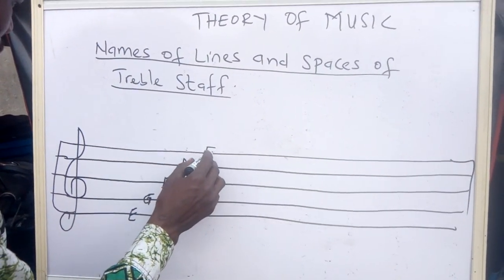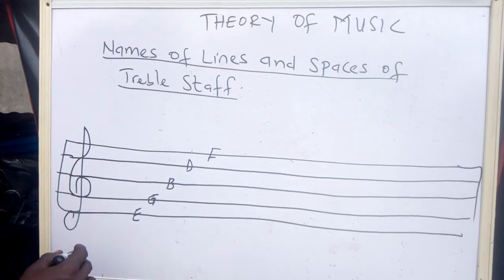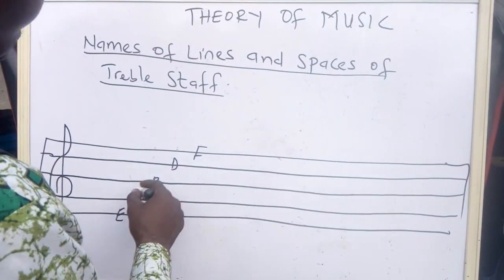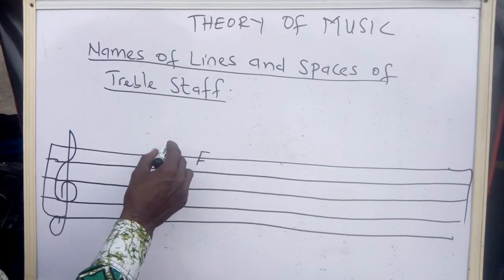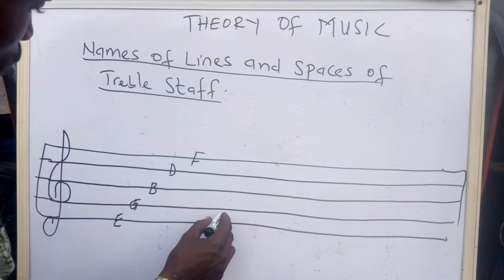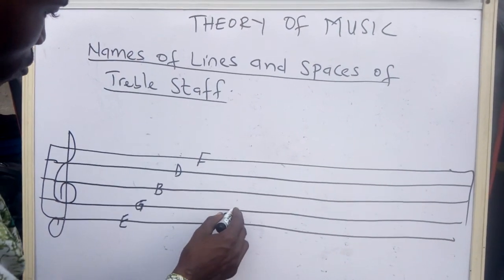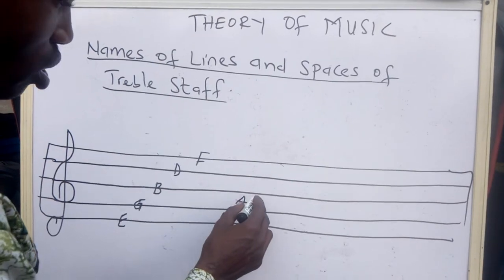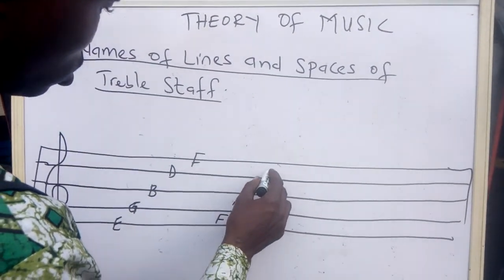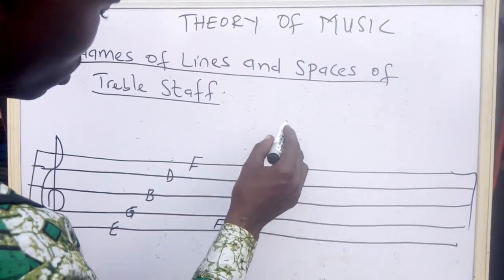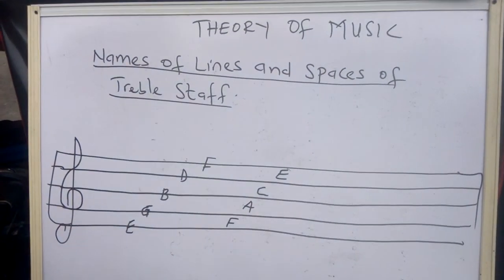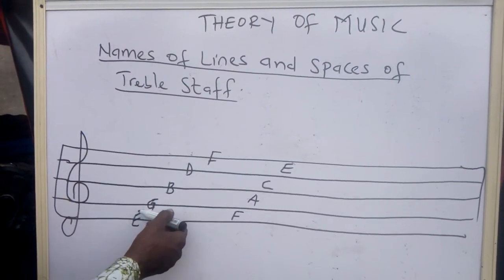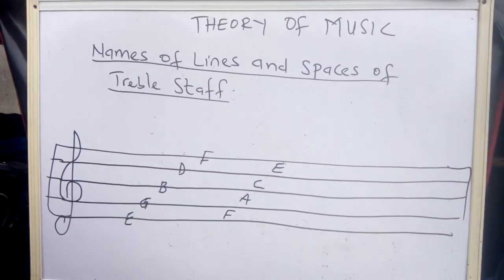And then we have F at the fifth line. That is for the names of line: E, G, B, D, F. Then for the spaces, we have F, we have your A here, and we have your C, then we have E here. So these are the names of the lines and spaces of the treble staff.